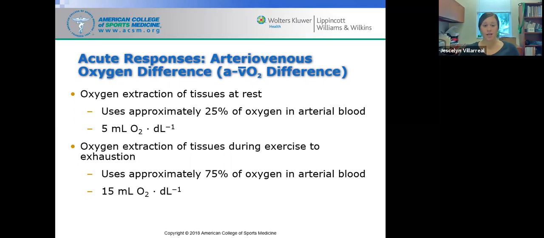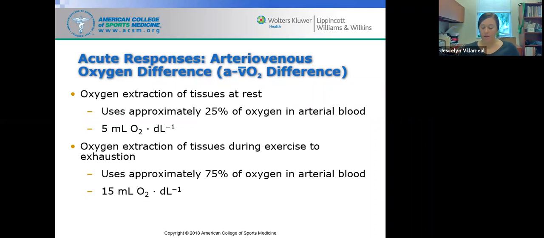AVO2 difference, another acute response. Now we're looking at the oxygen extraction of tissues at rest and during exercise to exhaustion. At rest, you're using about 25% of the oxygen in the arterial blood, but with exercise, up to 75%.